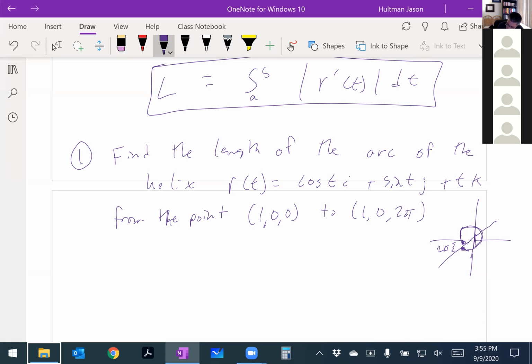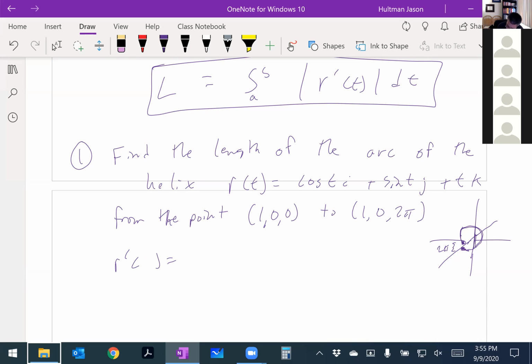So we want to know what's the length of that arc. What I'd like to do is find the derivative of this. What's r prime of t? And then take this component by component.